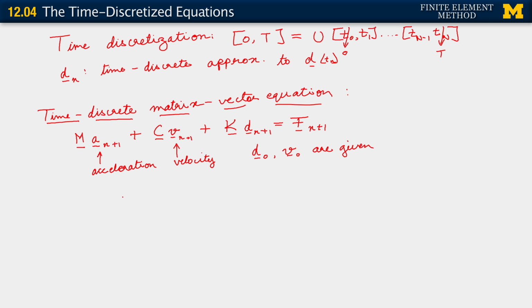Now, the family of algorithms that is commonly used to solve this equation, this time discrete form of the equation, is what is called the Newmark family of algorithms for second order ODEs, right?